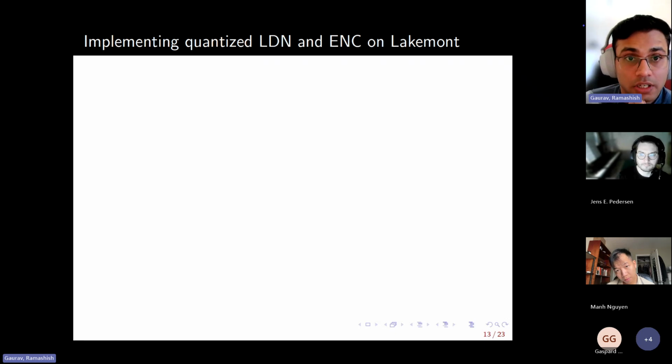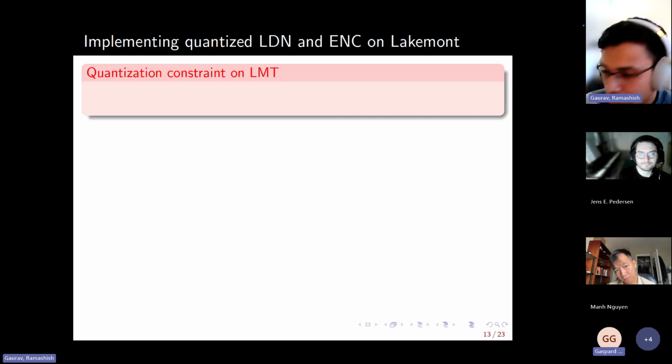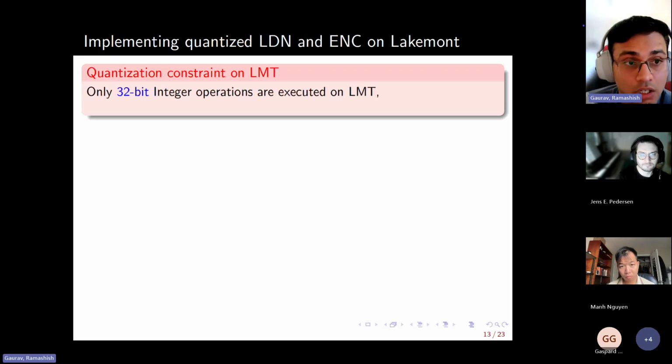Okay, let's take a brief pause from the code and look into the quantized implementation of the LDN and the encoding process on the Lakemont cores. So the quantization constraint on Lakemont. The problem is that the Lakemont cores support only 32-bit integer operations, and those are the ones that are executed on Lakemont cores.